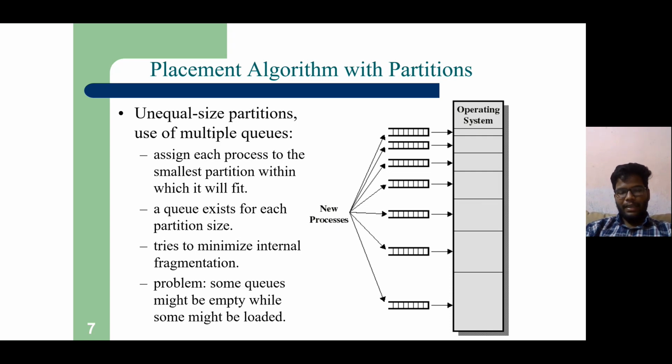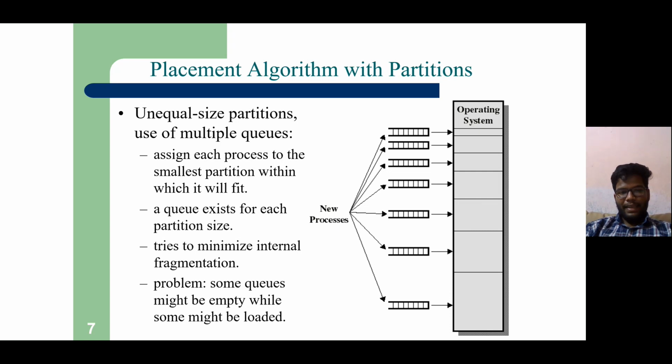Whereas if you fit it in 150, the wastage will be 60. So with unequal partitioning, internal fragmentation is reduced compared with equal size partitioning. That is about unequal size partitioning.